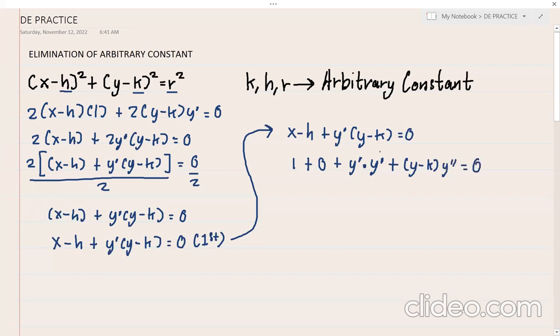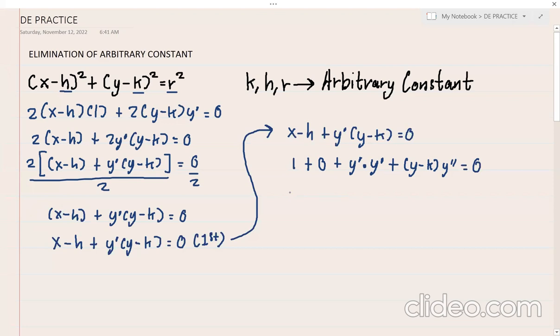Okay? So I apply the product rule here. If you still don't know how to use the product rule, I recommend that you review it, the product rule of differentiation. Okay? So anyways, I got the second derivative.